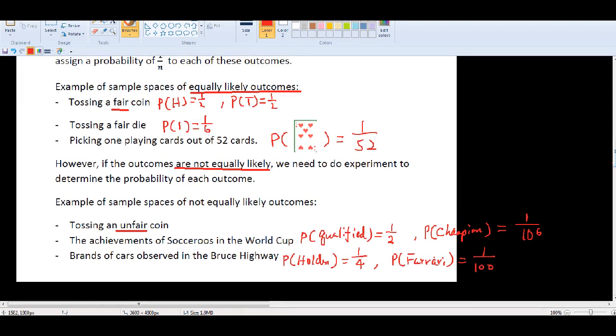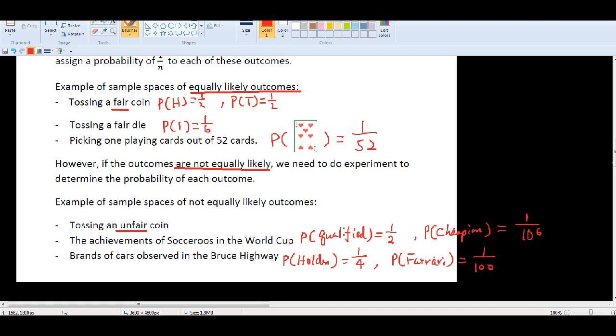So in our curriculum, you need to know how to deal with different types of sample space. If there are equally likely outcomes, then it will be much easier. You can do the counting and just add up the number of outcomes.